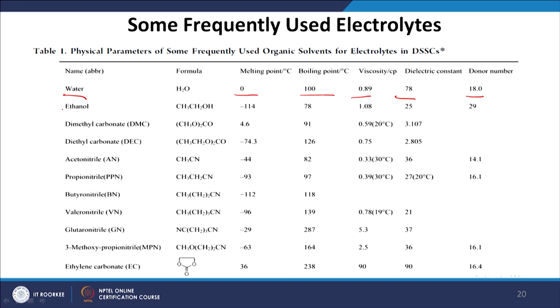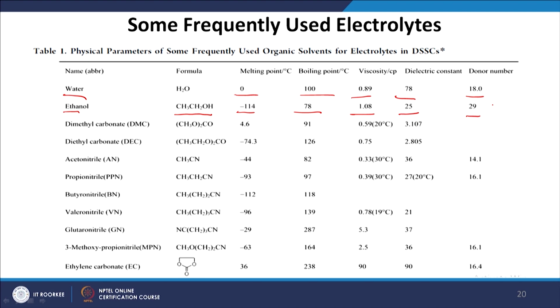Then look at ethanol, which has a molecular formula of CH3CH2OH. It has a melting point of minus 114 degrees Celsius, a boiling point of 78 degrees Celsius, and its viscosity is higher than water at 1.08, and its dielectric constant is lower than water at 25. That is why it is less polar than water, and the donor number is 29.